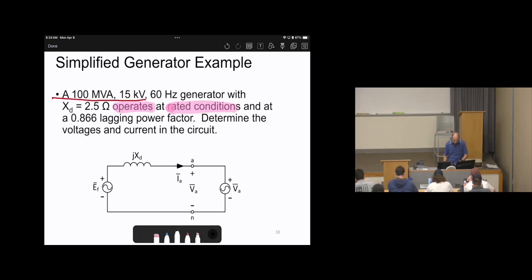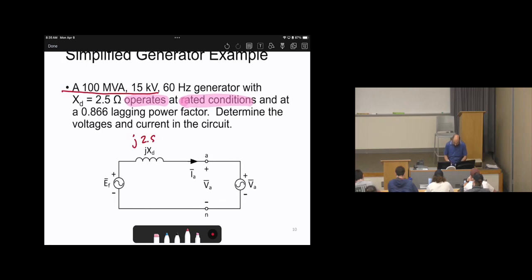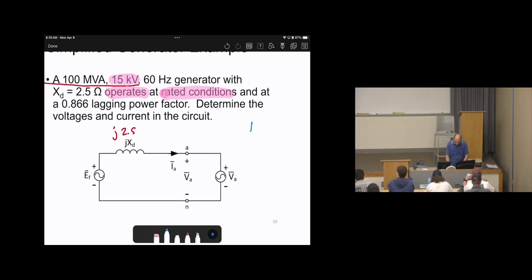So let's try to simplify the question by writing down the values. We have jXD here, 2.5, j2.5. Then we have 15 kilovolts, because it's operated at the rated. Therefore, I'm going to use the rated values. So as a result, we can say V line to line equals 15 kilovolts. Remember this value is three-phase.